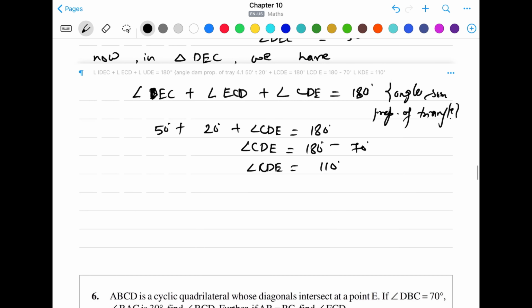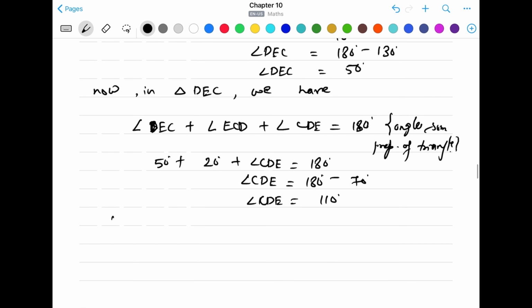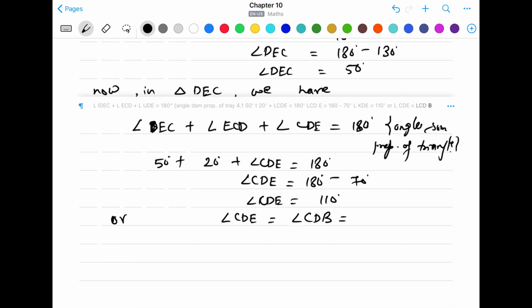And from the figure, this angle CDE can also be written as angle CDB, so this will also be equal to 110 degrees.